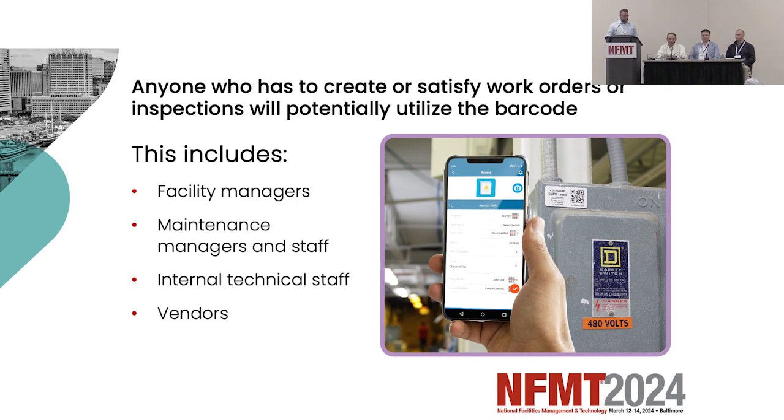You want them to access the record and record what was done to satisfy that work order on the fly, so it's accurate and fresh. They're not doing it at the end of the day or passing the information to somebody else. So you really have to think about who can benefit from accessing the record for that asset, and give them access, if that makes sense.